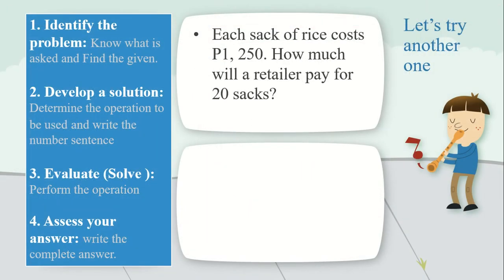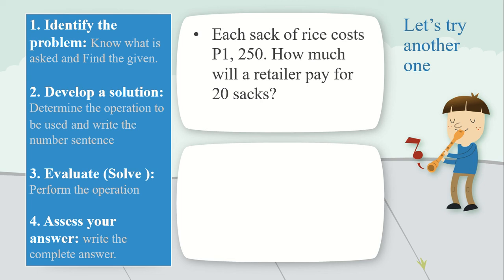Now, this is another question. Copy it on your notebook and follow the steps to answer it. Each sack of rice costs 1,250. How much will a retailer pay for 20 sacks?